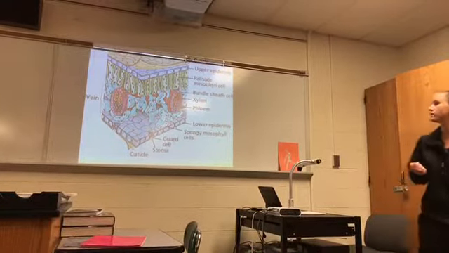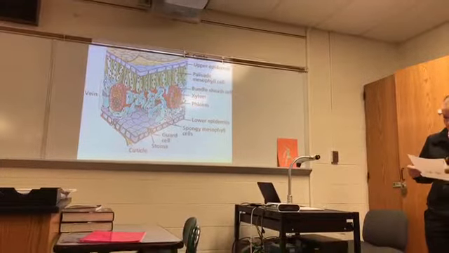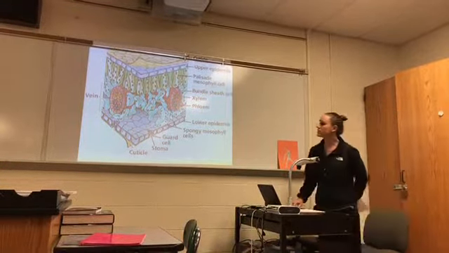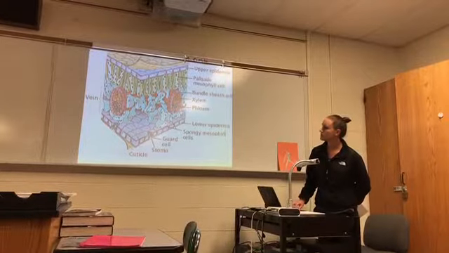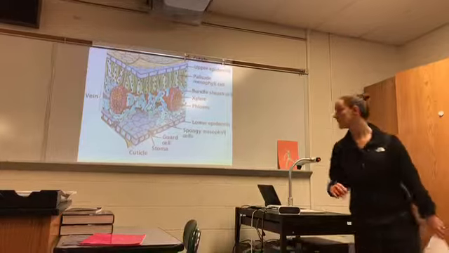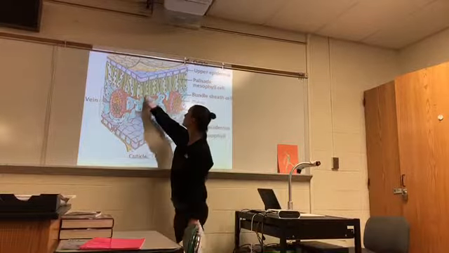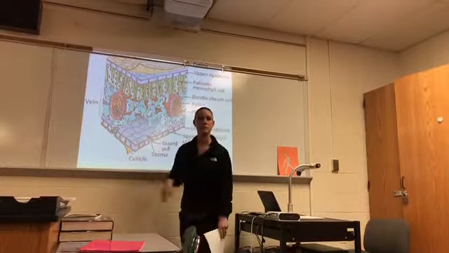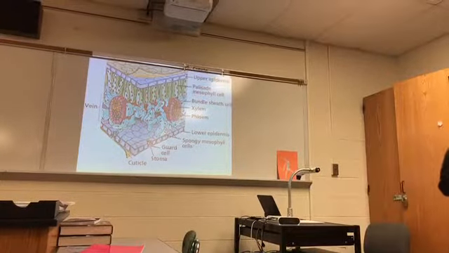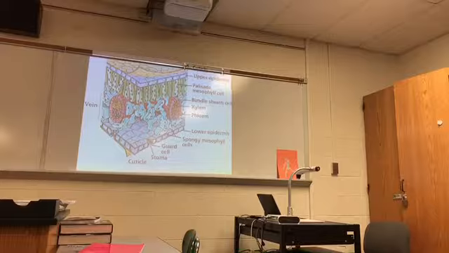Okay, so a lot of different things that we're looking at here. Well, we'll get to this in the next page. But let's take a look. What do you think these dots are within the palisade? So these dots right here. This is a leaf. What structure do you think those are? Not chlorophyll.